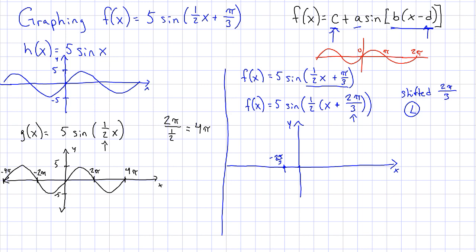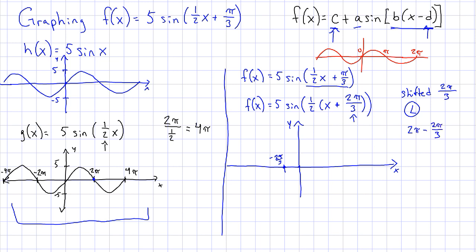And then I need to evaluate some other points. If I'm looking at my previous graph, I was hitting here at 2 pi. That's the next time I touch the x-axis. But instead of hitting at 2 pi, I need the next point that I hit my x-axis to be 2 pi minus 2 pi over 3.